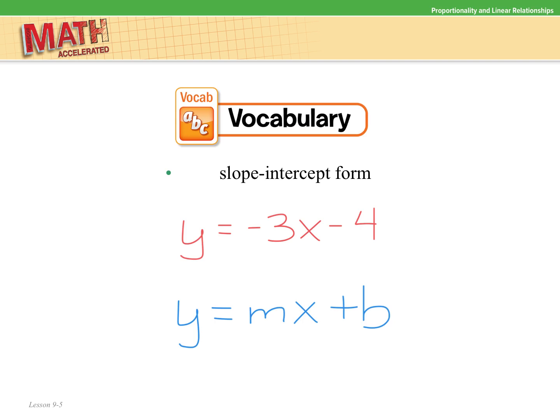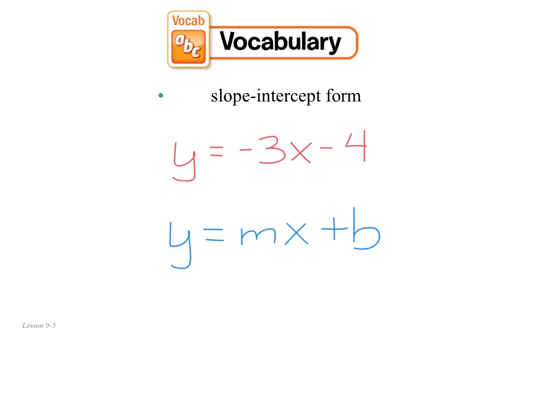Now, can someone tell me anything about this equation right now? It has m, x, b, plus, equals, and y in it. I think you could plug in y and x. Do we know what any of those stand for? M is the slope.